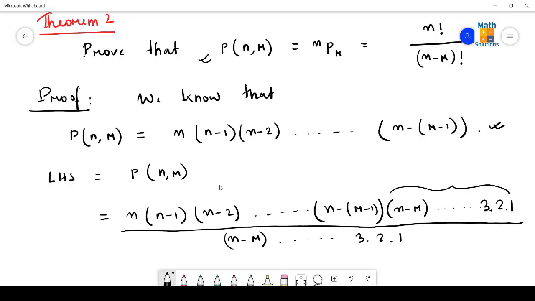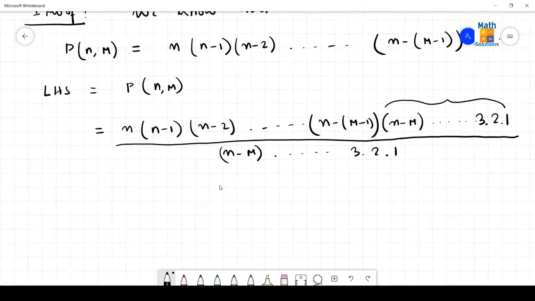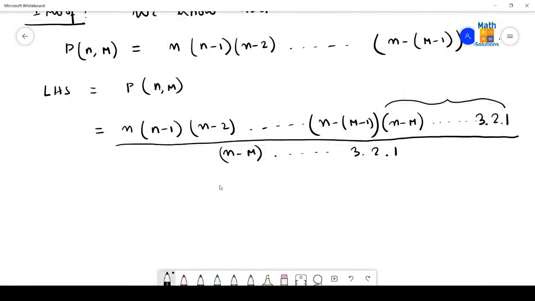So after this, I can reduce this step into the form of the numerator as n factorial and the denominator as n minus r, then continuing up to 3, 2 and 1, ultimately this will give us the factorial of n minus r. And this is the required right hand side. Hence proved.